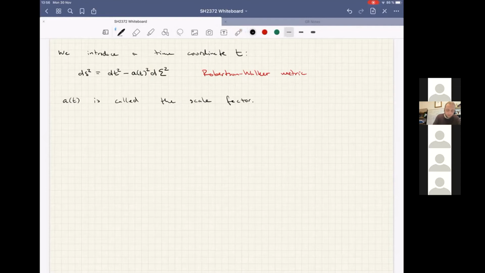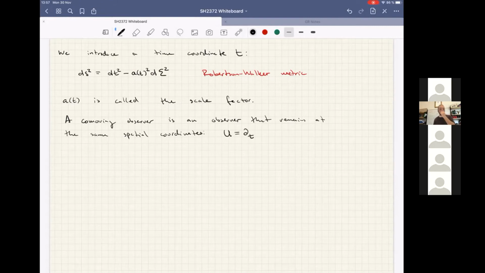I'm also going to introduce a definition of a special type of observer here. This is called a co-moving observer, and that is an observer that remains at the same spatial coordinates. So the forward velocity of that observer would just be given by dt.